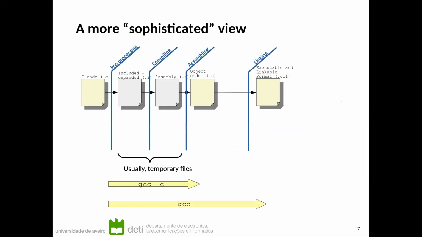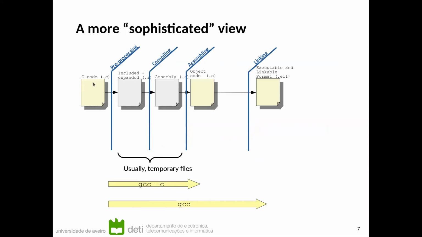When we use GCC, usually if you just type GCC, we go from one end to the other end. We take the C source code and then we create an executable file. When we use GCC -c, that -c means compile only.